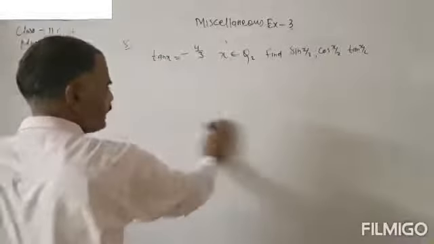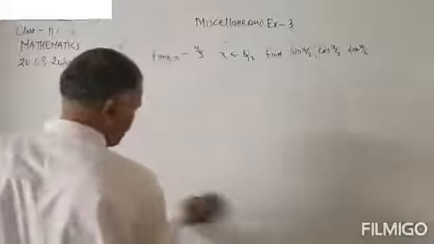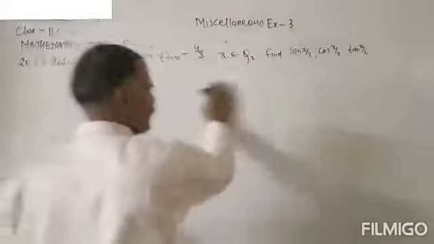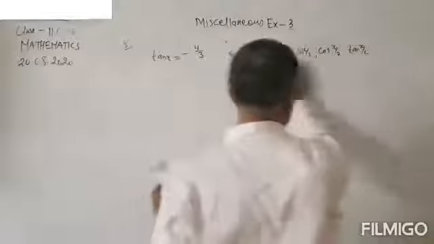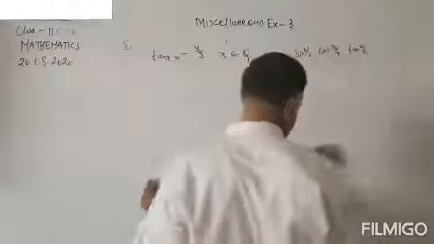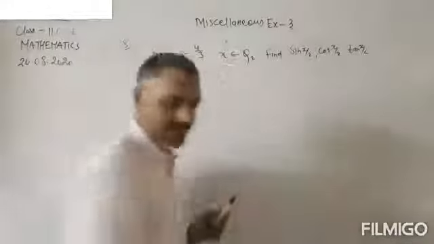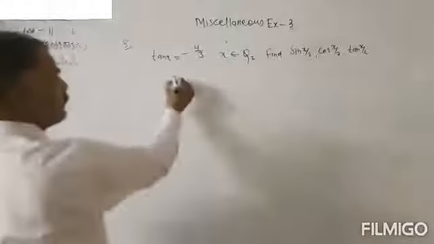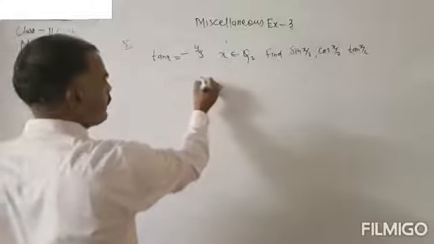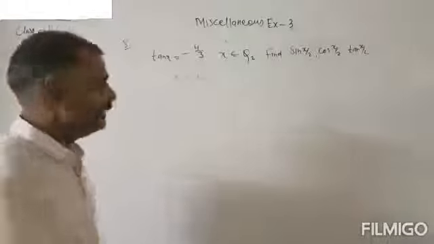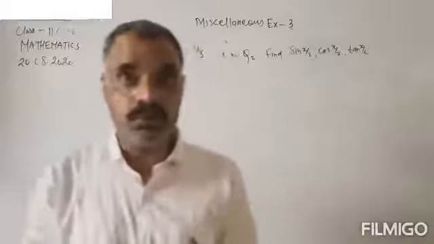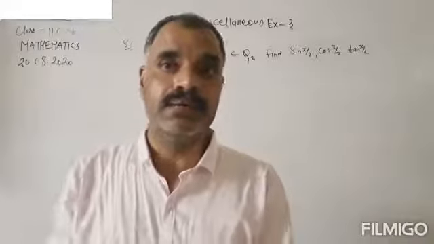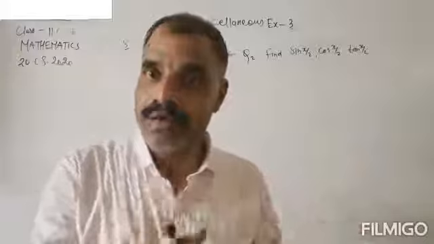x lies in second quadrant, then x by 2 will lie in first quadrant. Quadrant second means x belongs to 90 to 180, that is pi by 2 to pi.